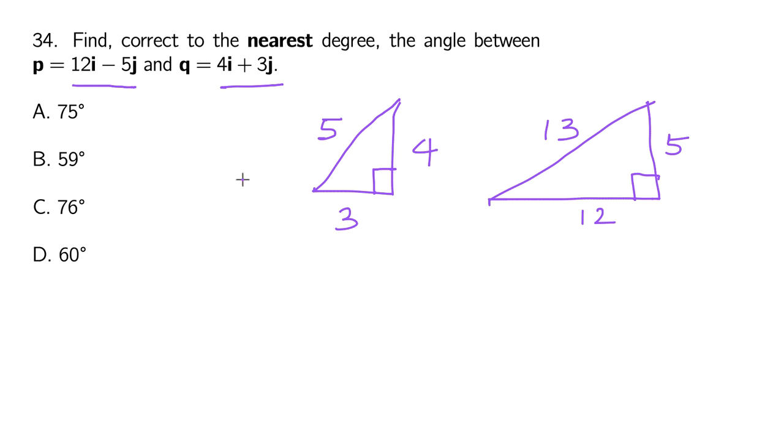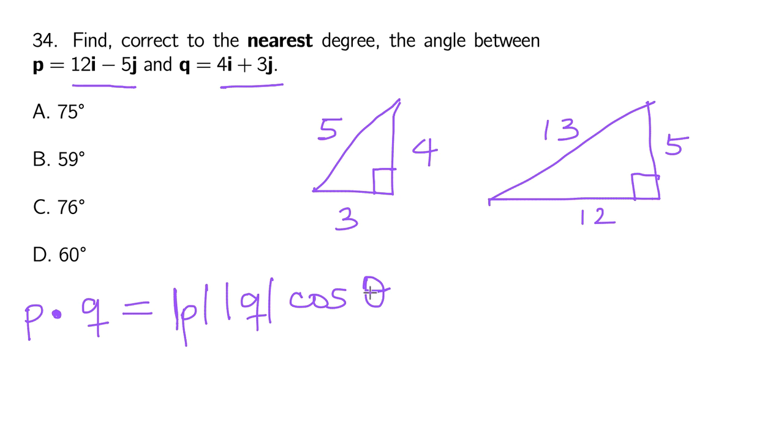we know that when you have two vectors, P and Q, you can find the dot product. So let's say you write this P dot Q. When you write this, it is equal to the magnitude of P times the magnitude of Q times the cosine of the angle between the two of them.